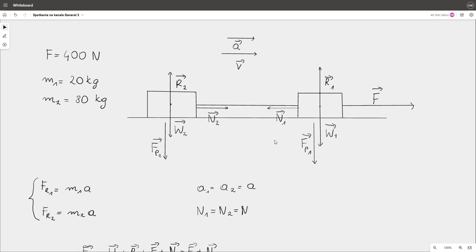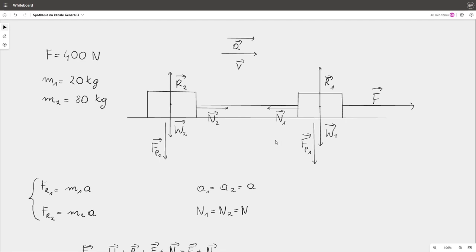Pressure forces don't act on these bodies. Weight and normal forces balance each other in both cases, so resultant forces acting on first and second body depend only on horizontal forces.